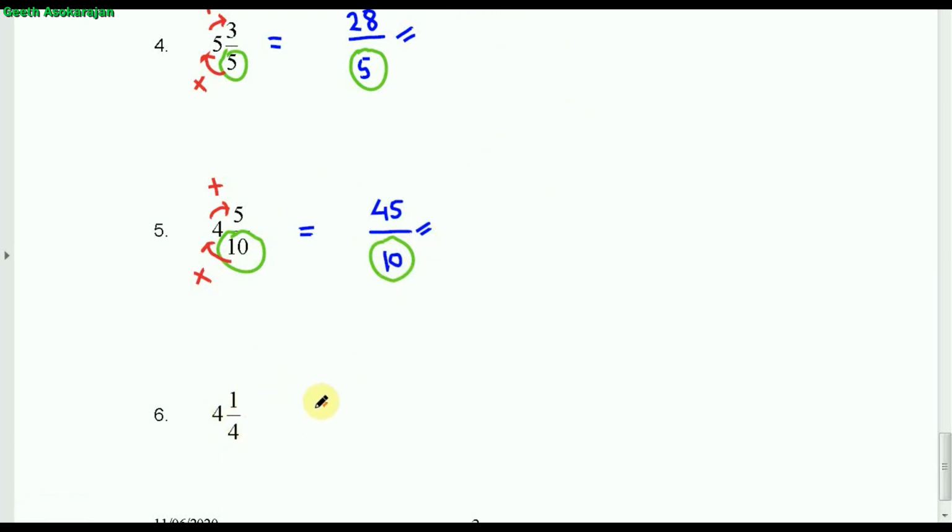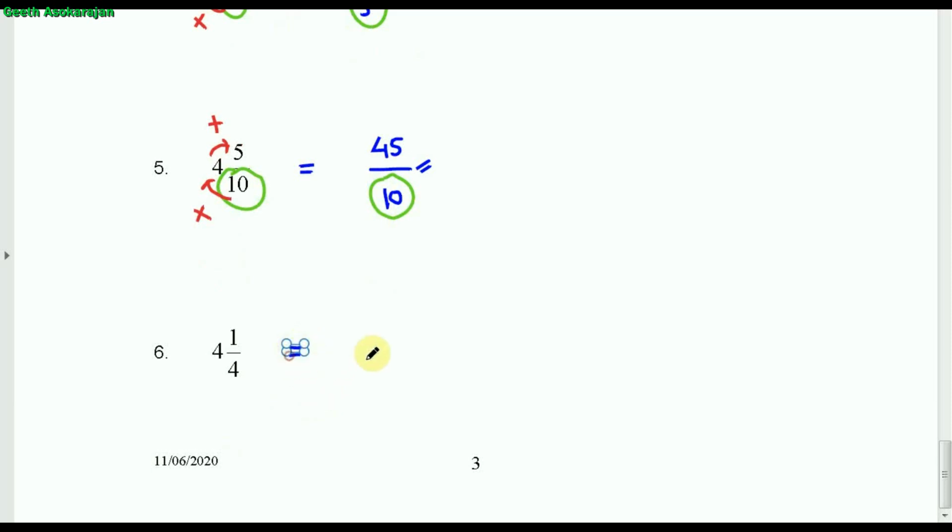Right, for number 6, let's have a look. So first step, I'll write down that 4. So let me get my green pen. Writing down that 4 here. So let's do that. And then remember the next step, step number 2.